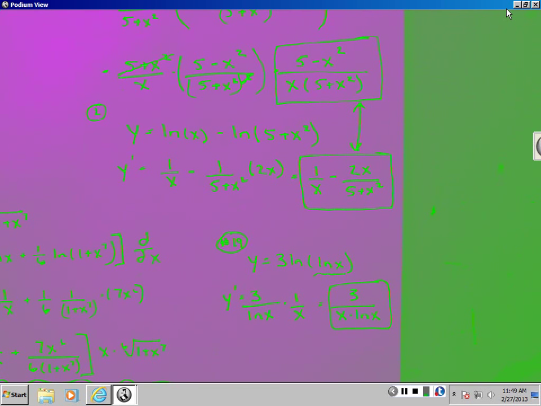You guys see how there's a chain rule there? So the derivative of the outside evaluated at the inside. The derivative of ln is 1 over what's on the inside, times the derivative of the inside, which is 1 over x. So the derivative of 3 ln is just 3 over, and the derivative of 3 ln of ln of x is 3 over x ln x.